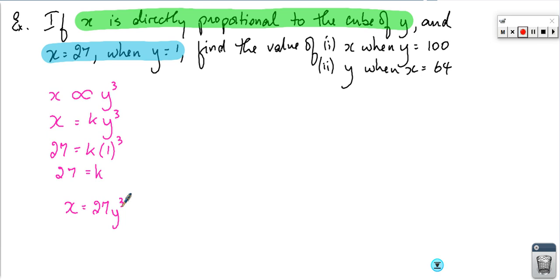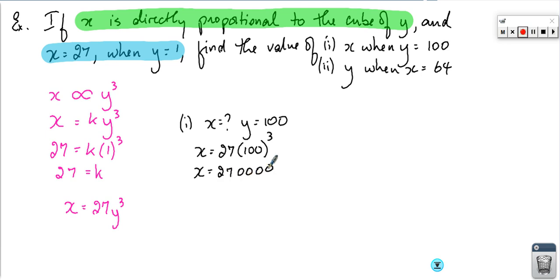Now, finding that relationship will help us to solve problem number 1 and number 2. Number 1, find x when y is 100. x is equal to 27 times 100 cubed, because now I can use this equation. So x is equal to 27 million. That is the first answer.